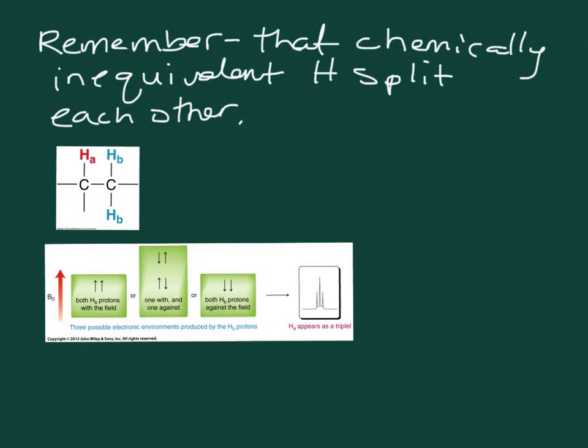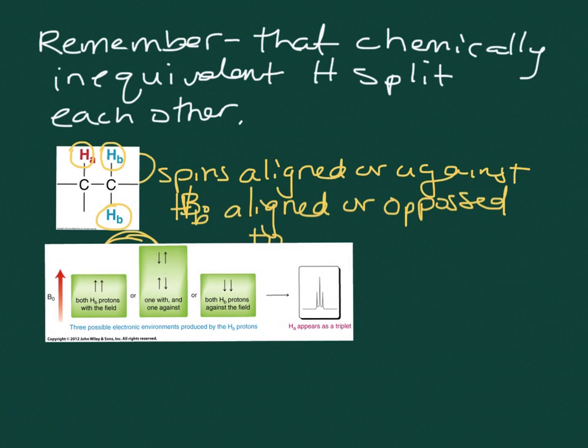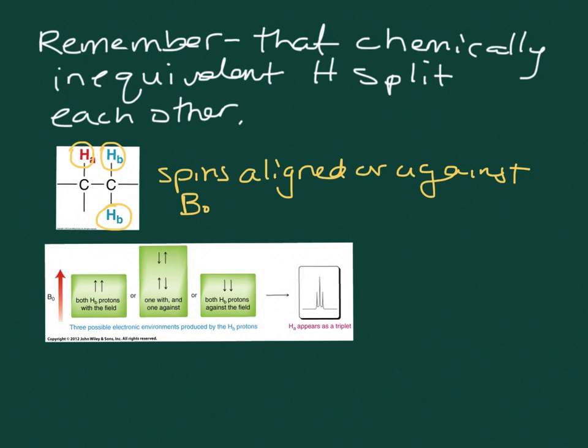So now we're going to look at a more complicated case where HA is next to 2 hydrogens. Now remember that we can have the spins either aligned or against B0, the applied field. So if both HBs are aligned, we have one possibility.